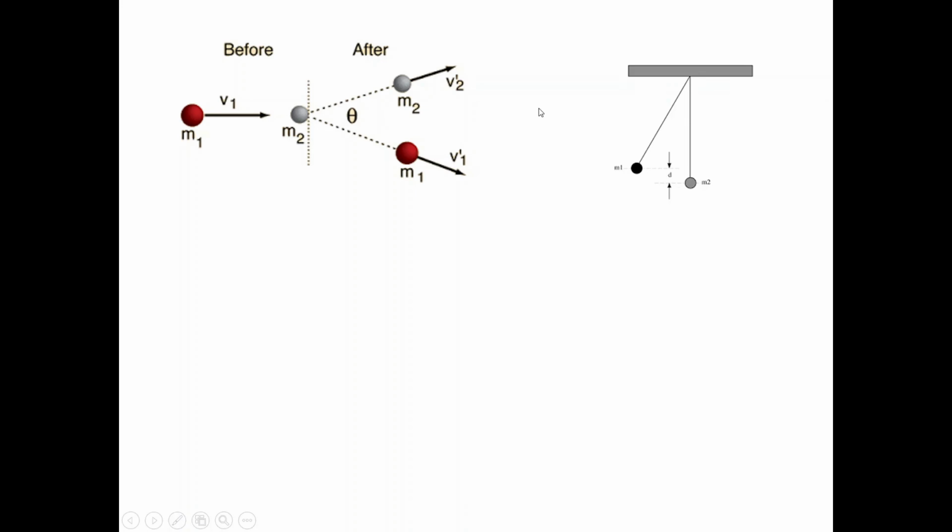First, you need to draw a line between them. Another example is when m1 strikes m2 after falling a distance h: the potential energy changes to kinetic energy. So it's possible to convert potential energy to kinetic energy and find the speed of mass 1 at this position.